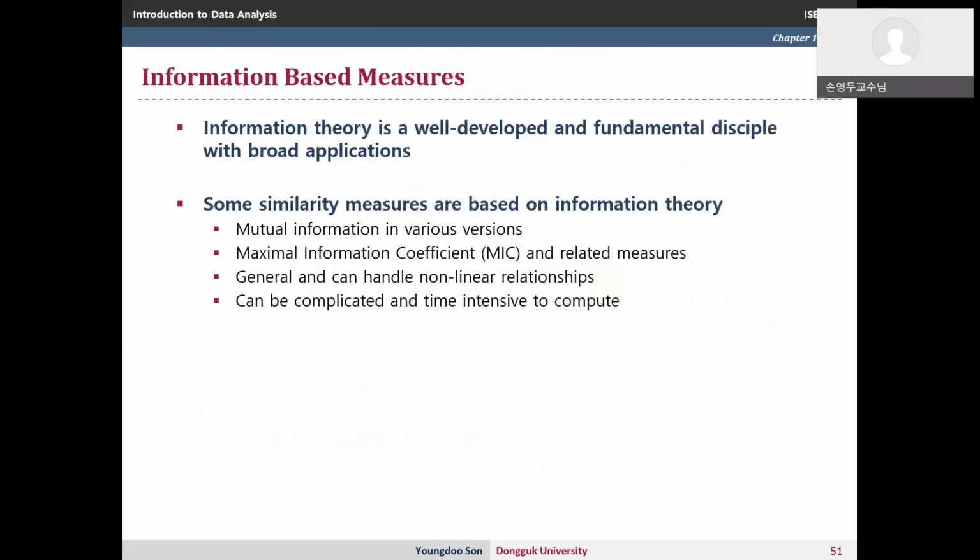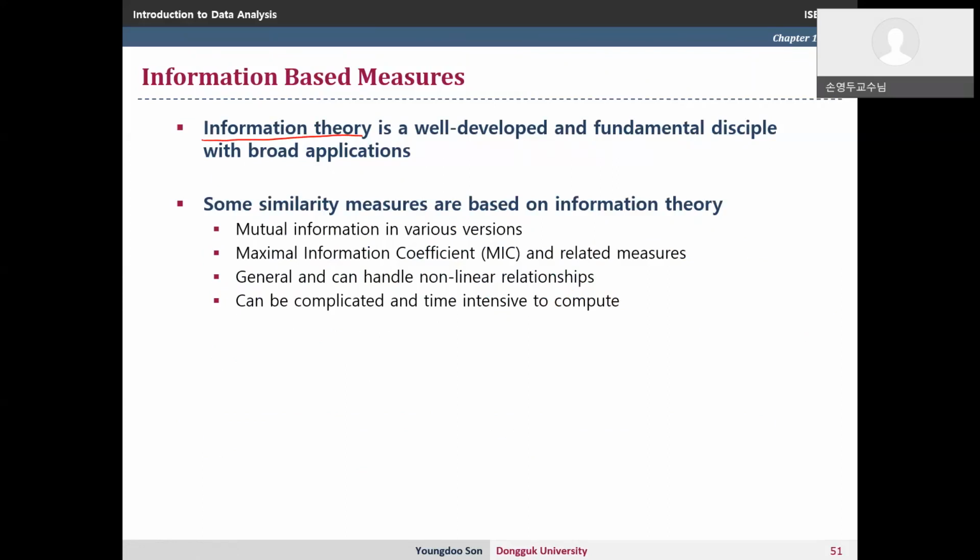So today we will start from this page, the information-based measures. Actually, before we get started with the information-based measures, we need to understand information theory, which is already a well-developed and fundamental discipline with broad applications.